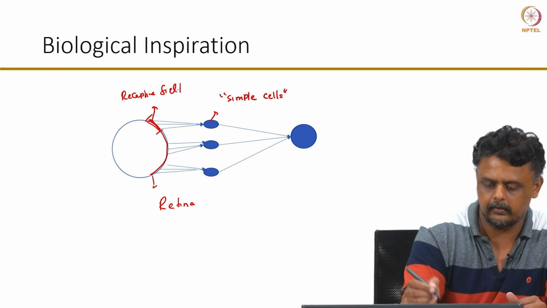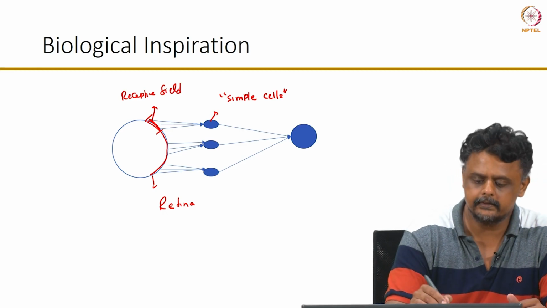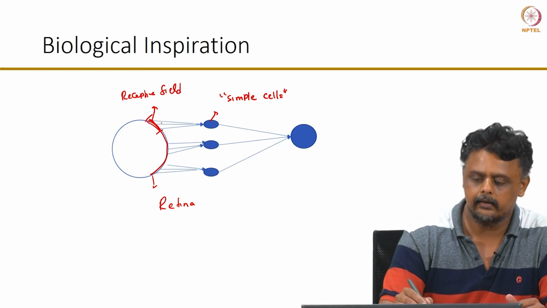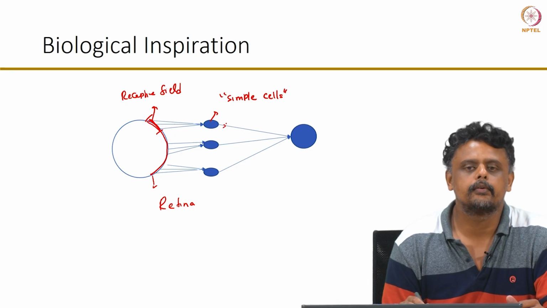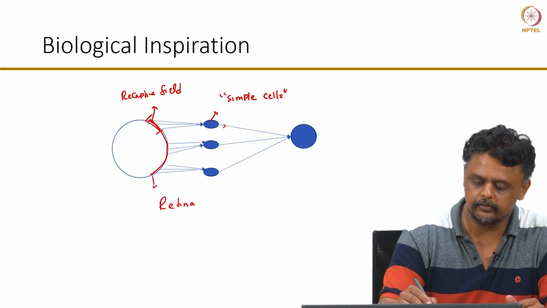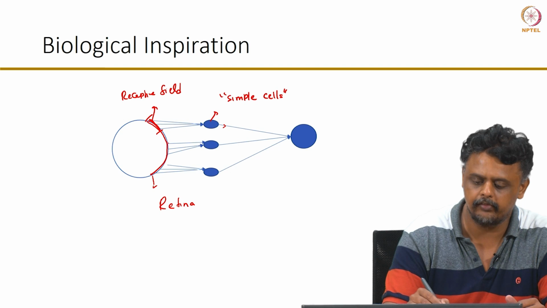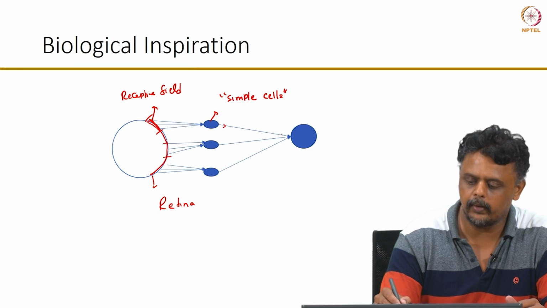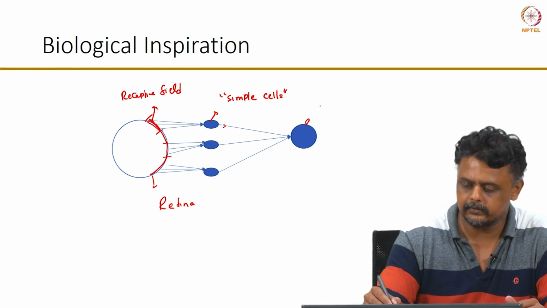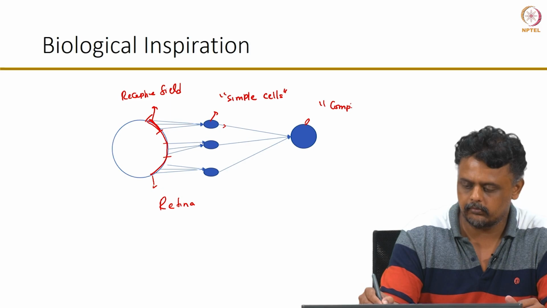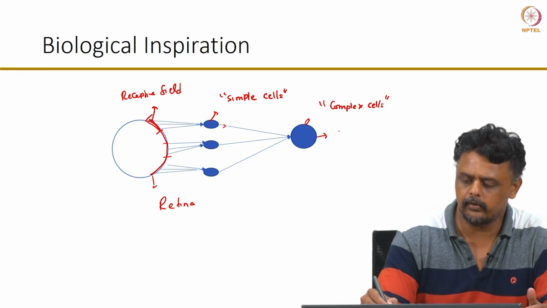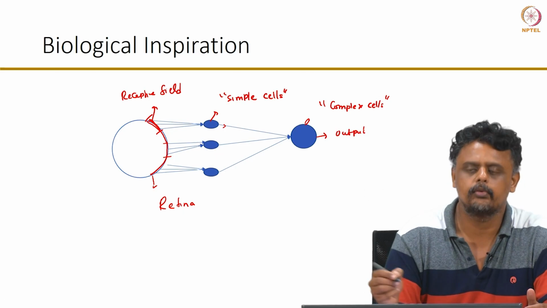What it does is a linear combination of the signals from the receptive field and provides an output. Similarly, there are a bunch of these simple cells, each has its own receptive field in the retina of the eye, and they in turn provide an output, and this complex cell takes a weighted combination of these inputs and provides an output, and it is a non-linear output.